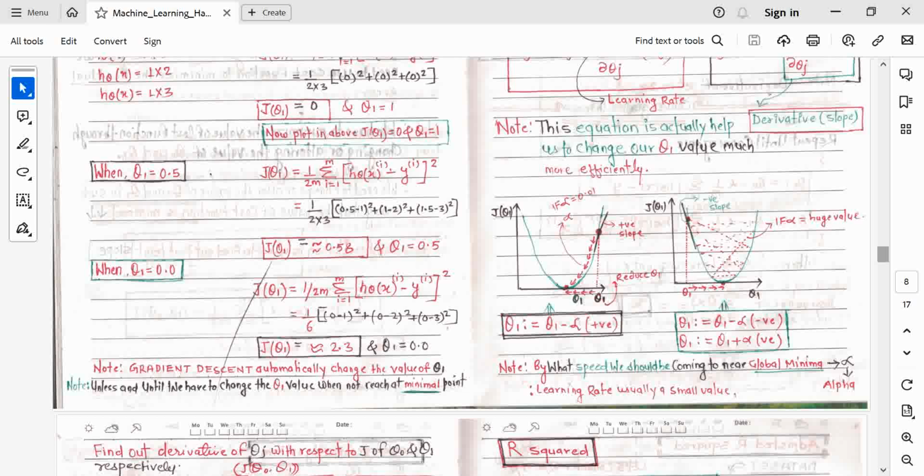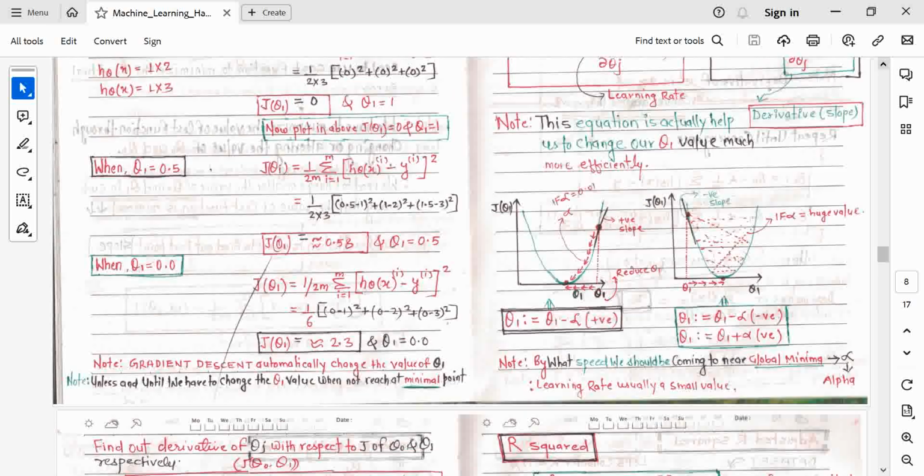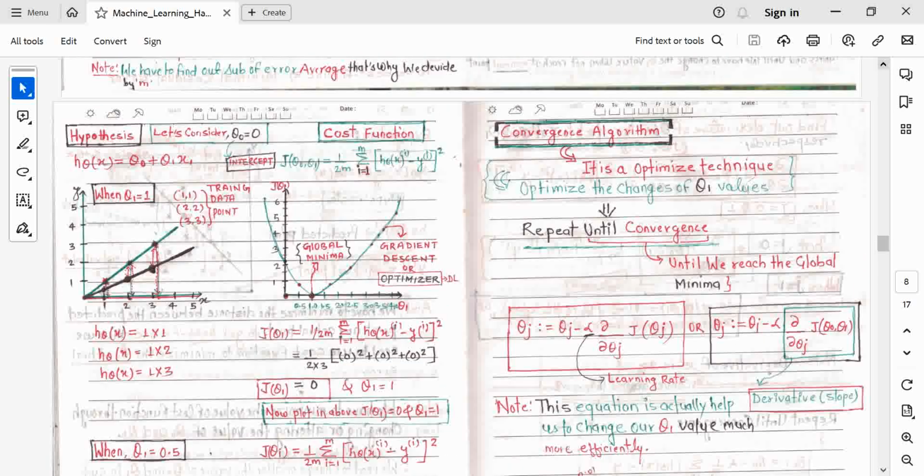Now gradient descent automatically changes the value of theta 1, and until we reach a minimal point we have to keep changing the theta 1 value. Until we have not reached the minimal point, we have to change the value of theta 1 to reach the minimal point. In this scenario, the algorithm becomes the convergence algorithm.